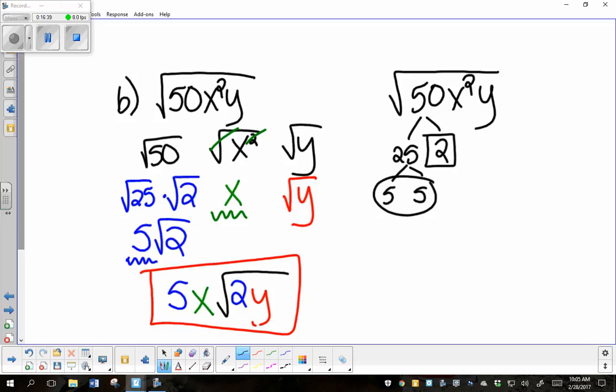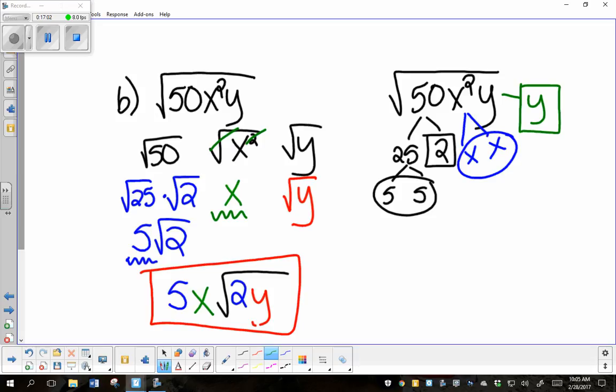So then x squared is x times x, right? He's a pair. He gets to come outside. Y is just y. He doesn't have any friends. He has to stay inside.